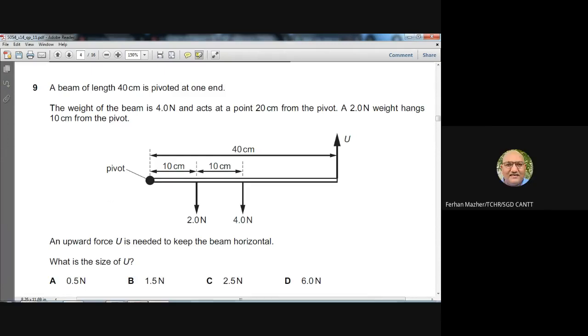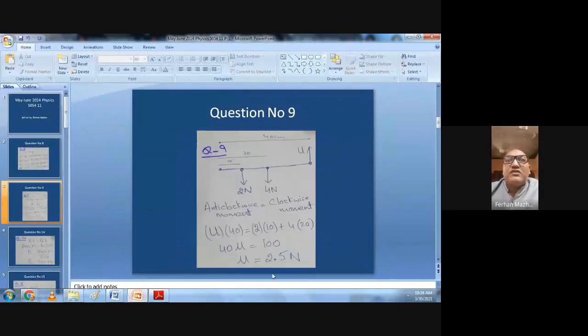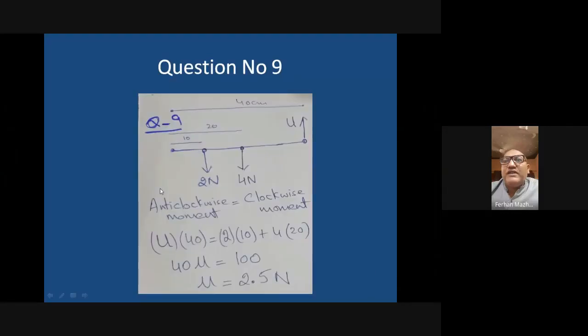I have done this on a paper. Let me show you my work. Hopefully it is visible to you. The anti-clockwise moment is equal to the clockwise moment. This 2 Newton force is 10 centimeter from the pivot. This 4 Newton force is 20 centimeter from the pivot. These two are the clockwise moments, and U is trying to produce the anti-clockwise moment, 40 centimeter from the pivot.